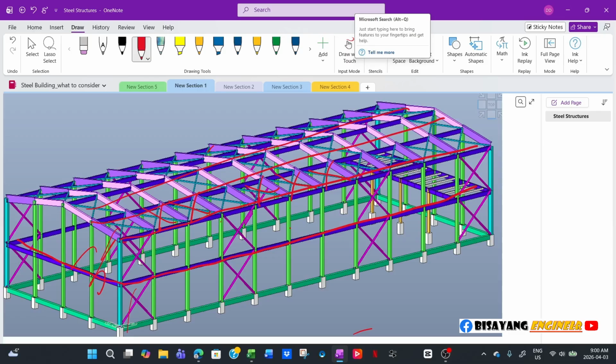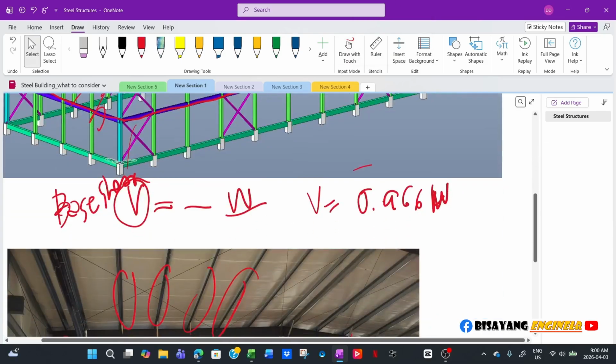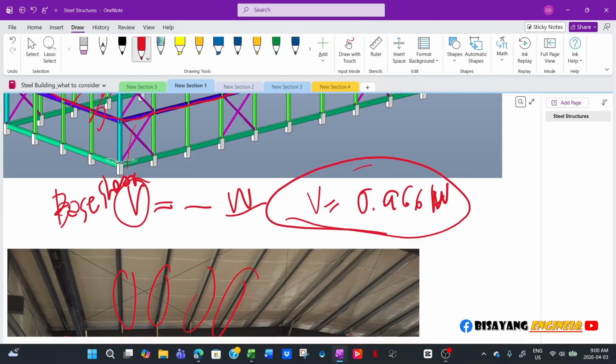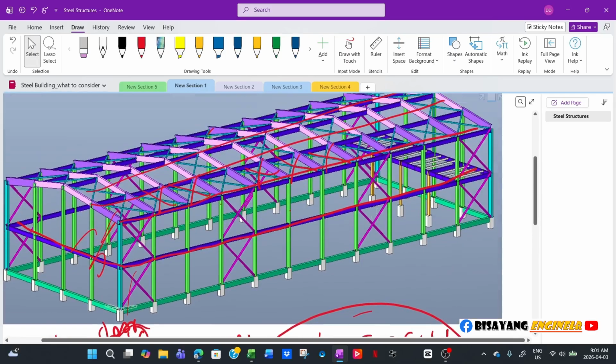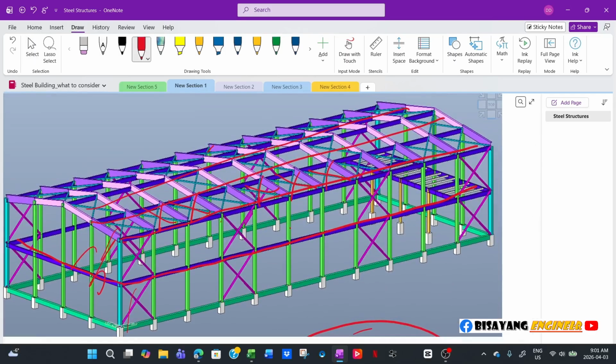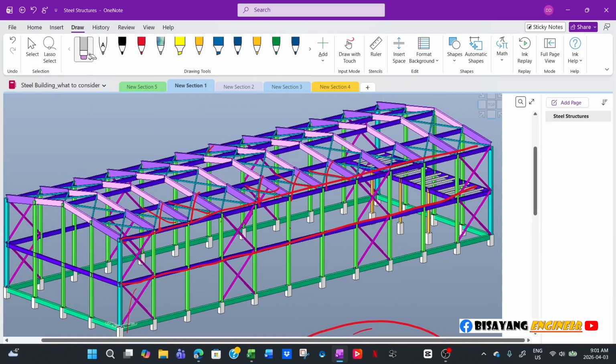But what I'm just saying is, you have to always remember that your base shear is a percentage of your weight. So like I said, this is in Victoria, BC. It's close to the San Andreas Fault. That's 96.6% of your building weight. That's your base shear. So if you can minimize the weight of your structure, then much better.